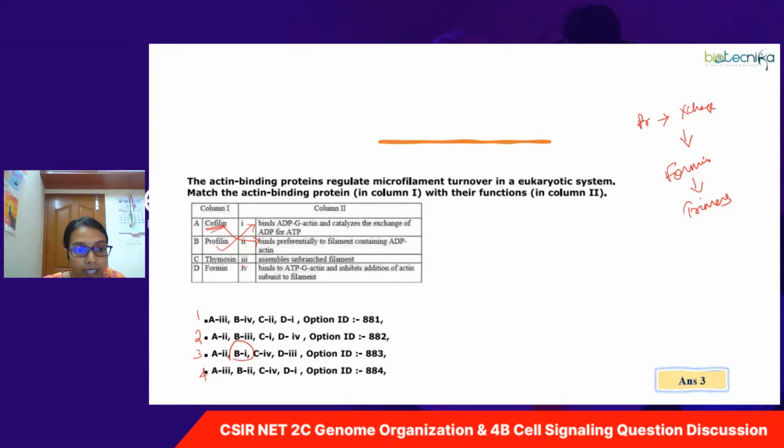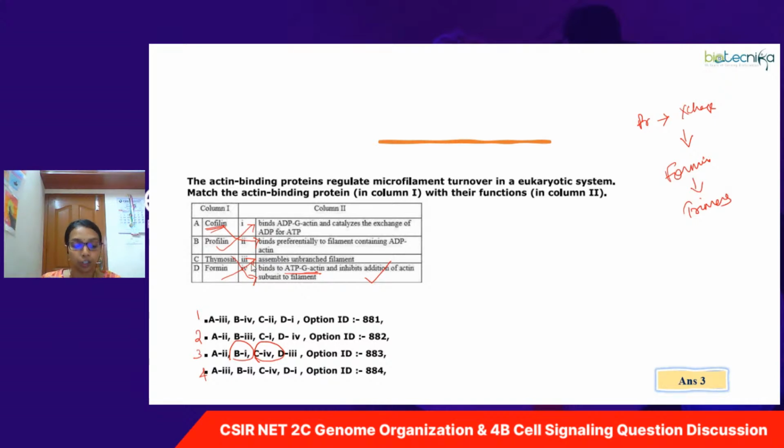Then you have thymosin, that is C to 4, which is responsible for binding to ATP-G actin, thereby inhibiting the addition of actin subunits to filaments. That means it causes disassembly. And the last one is formin. Formin indicates assembling of unbranched filaments.